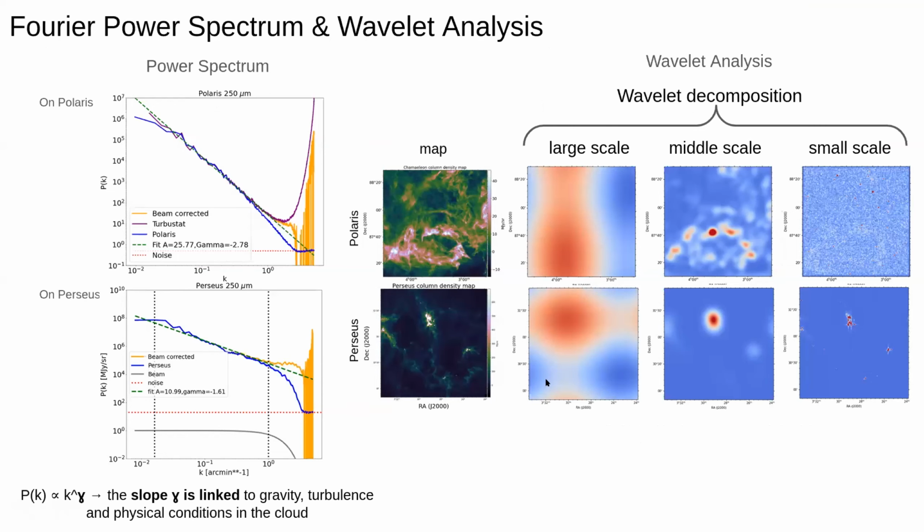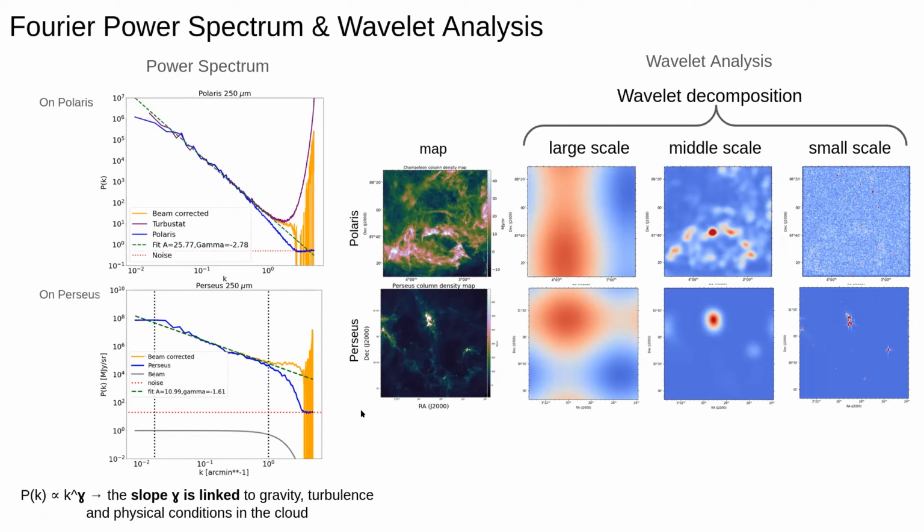Hi, I'm Mathilde. I'm going to present the results we get when applying all the different methods we saw during the first week on the 2 fields Emma just showed you. So first, the power spectrum applied on Polaris and Perseus. As you can see, they follow a nice power law, and the slope of this power spectrum can help us understand how gravity and turbulence shape the molecular cloud and the physical conditions within those clouds.